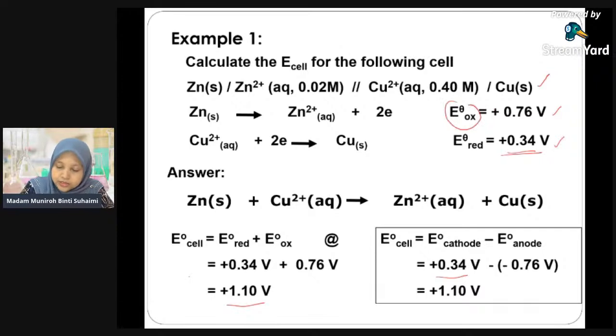If you want to use the formula, the value must be for reduction, so we must change the sign from positive to negative. So you will get the same answer, positive 1.10 volt.